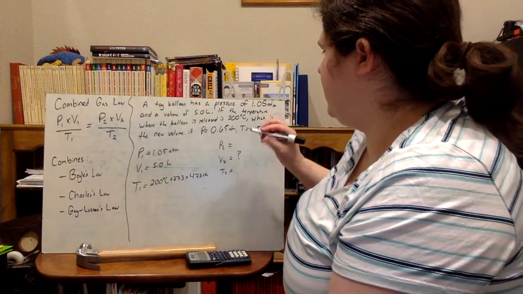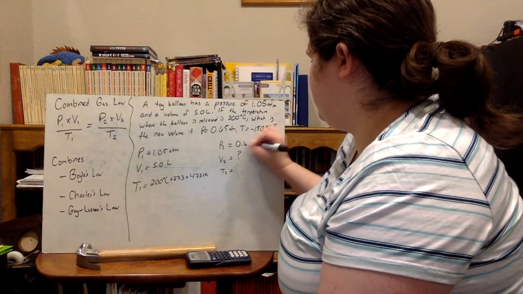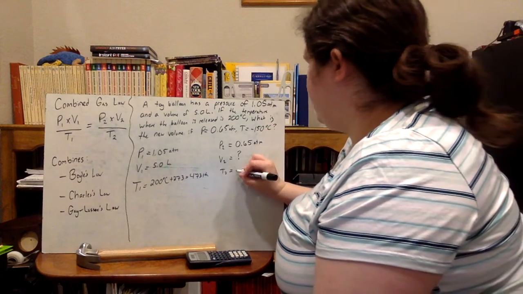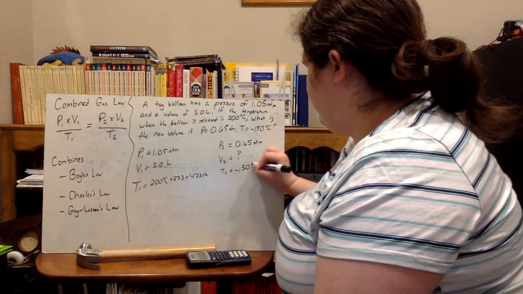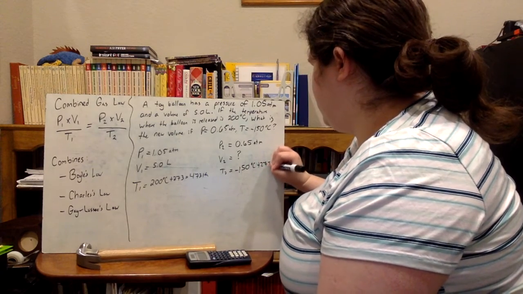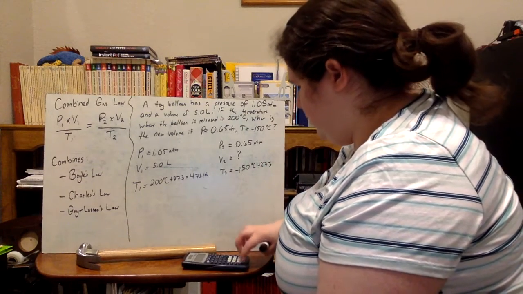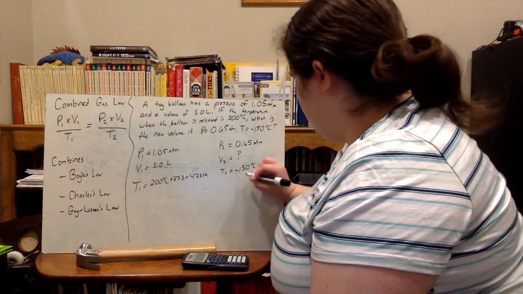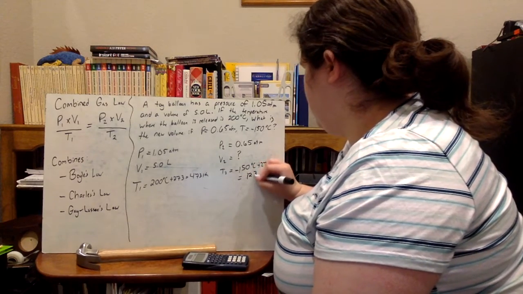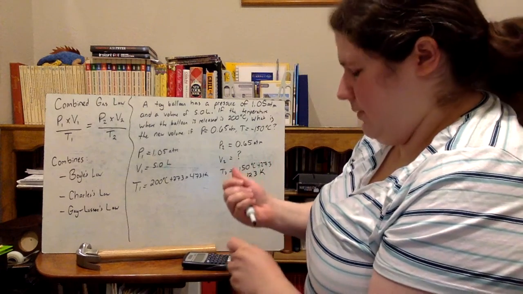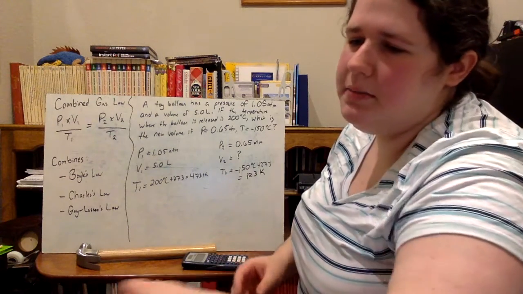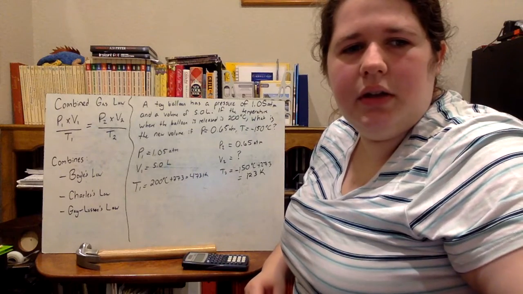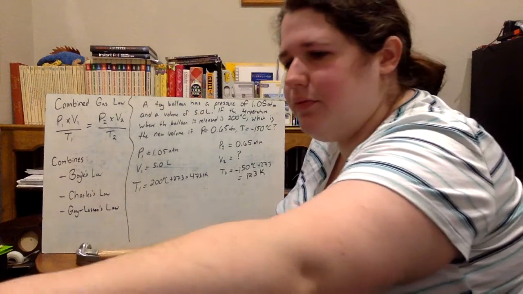If the pressure is 0.65 atmospheres and the temperature is minus 150 Celsius, again, we need to change it to Kelvin, so that would be 123 Kelvin. Okay, so the first step in any of these problems is to identify your variables. Once we've done that, we can plug into the equation and solve.